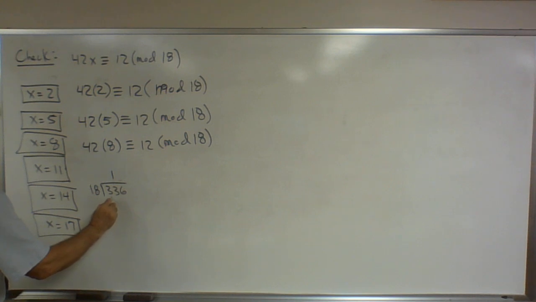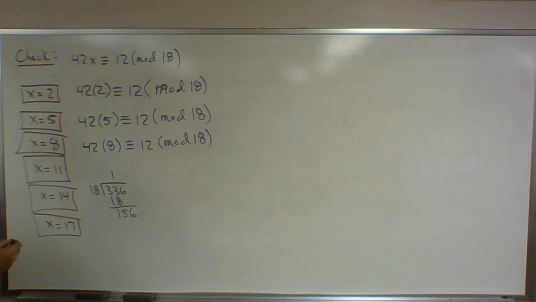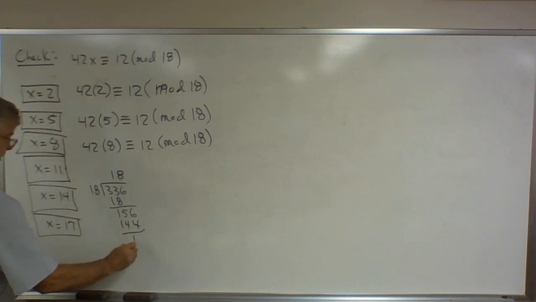Let's see. Boy, if you don't see this, oh yeah, wait a minute. What, 8 times 18? I'm thinking. 8 times 8 is 64. 8 times 1 is 80 plus 6, 144.